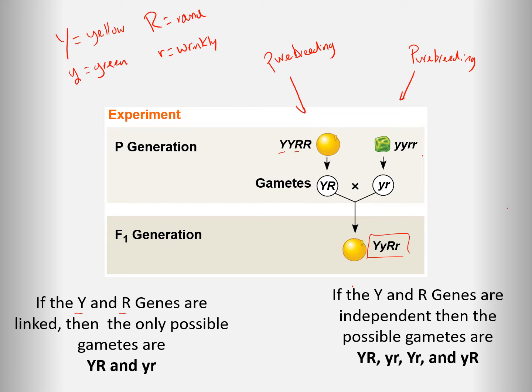If they are linked, then the dominant Y and the dominant R must move together in the same egg or sperm, and the recessive Y and the recessive R must move together in the same sperm. But if the decision for color in no way influences the decision for shape, then there are four possible gametes that this individual can produce.